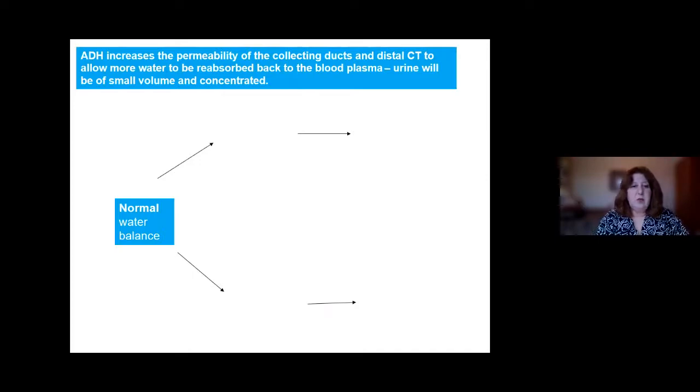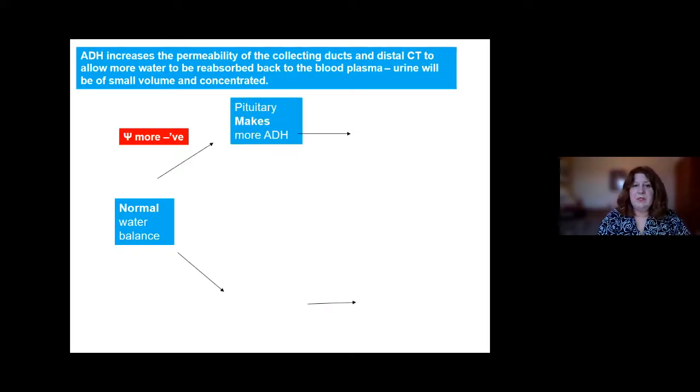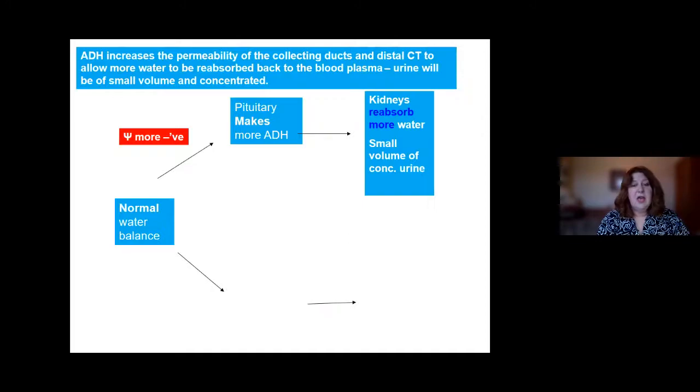So let's look, we've got a normal water balance then. To summarise, what happens is the water potential becomes more negative in the blood plasma, and so the pituitary makes more ADH, and then we're going to reabsorb more water because of the aquaporins, so we produce a small volume of concentrated urine. So we're just relating it now to the urine produced.